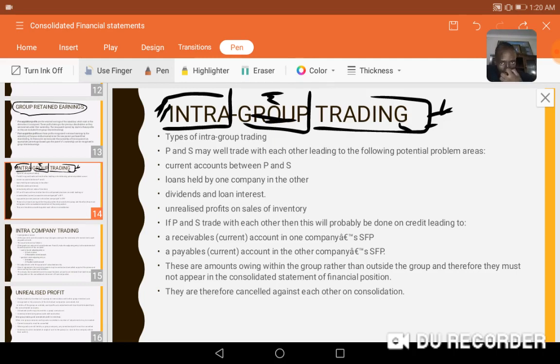So there are different ways of intra-group trading, where parent and subsidiary may trade with each other, which may lead to the following problems.